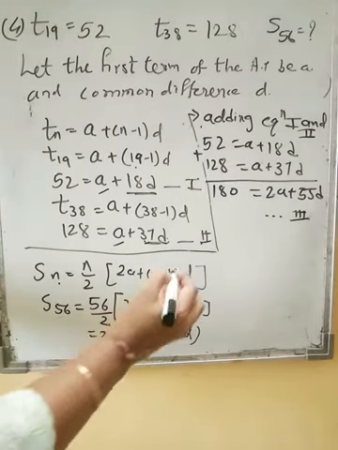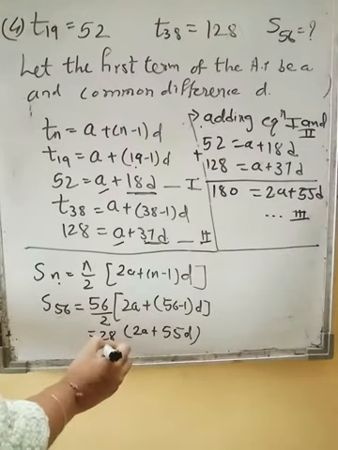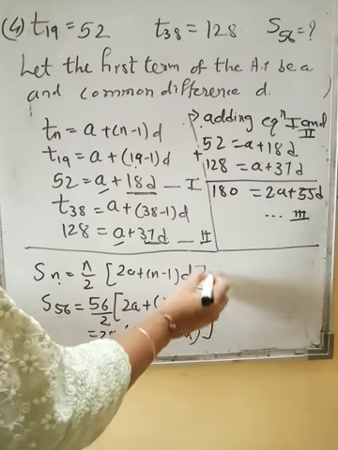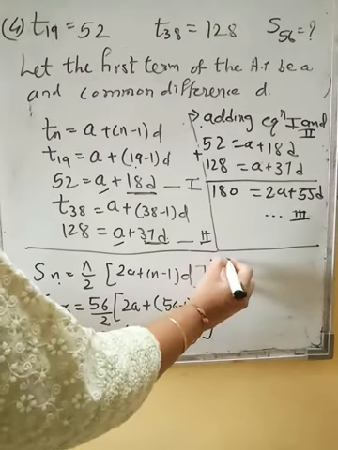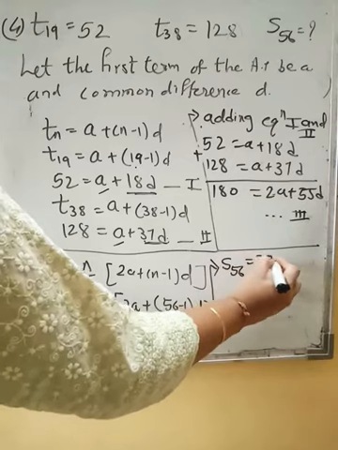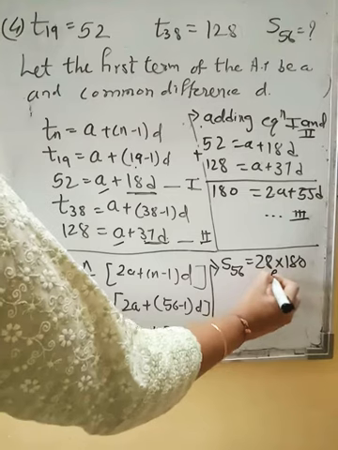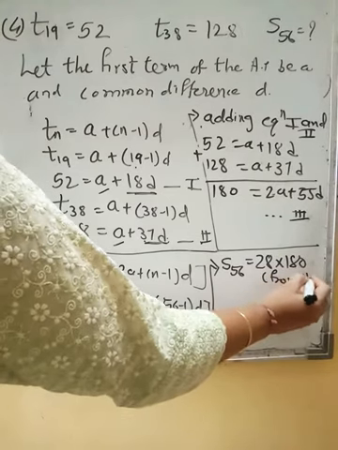So now from here, okay, this much is over. We got here Sn is equal to. Now from here to here, what are you going to write down? S56 is equal to 28 into 180. The reason you lay down is from 3.